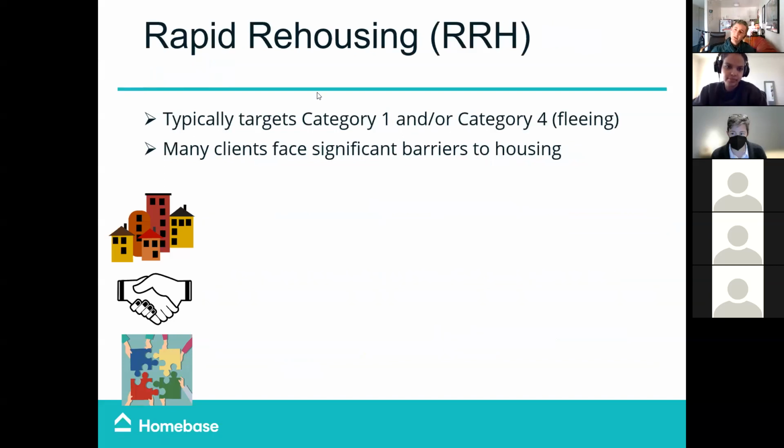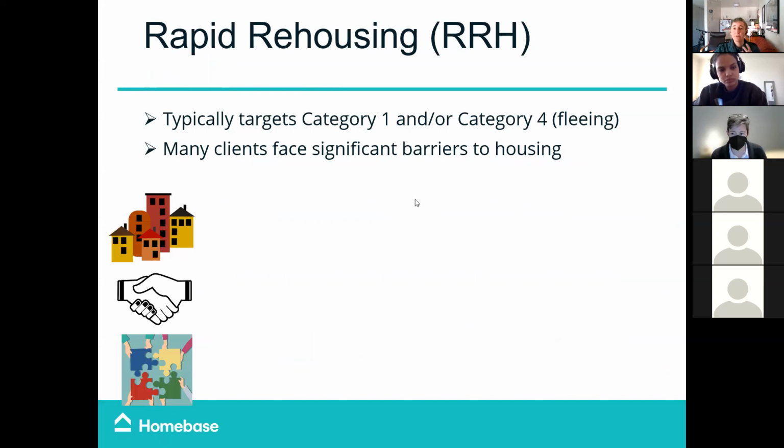Okay, the next project type, rapid rehousing. So an RRH, or rapid rehousing project, typically CoC funded rapid rehousing targets category 1 or category 4, fleeing. But rapid rehousing is where we have seen HUD bringing in that category 2, imminent risk of losing your housing.